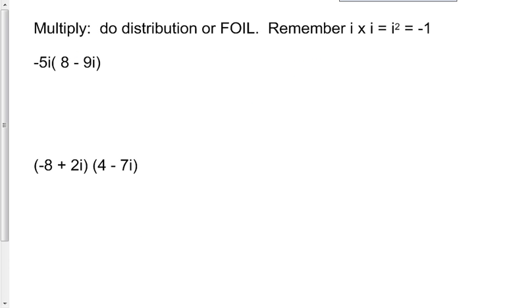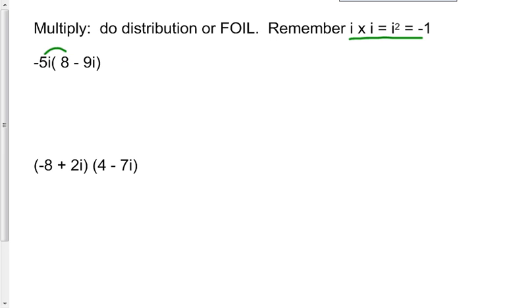When you do multiplication or distribution, the thing you want to remember, and I mentioned this on the first slide, is that anytime you have i times i, that gives you i squared, and i squared is worth negative 1. So you have to replace that i squared with negative 1. All right, distribution. Just like any other distribution with an x term, you're going to do that same distribution with your i term.